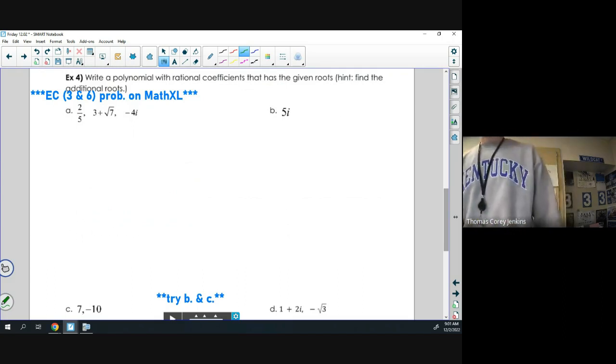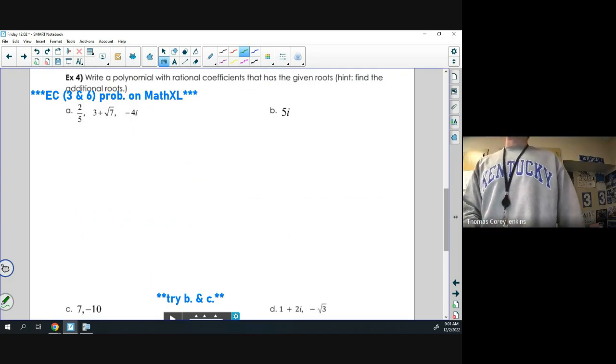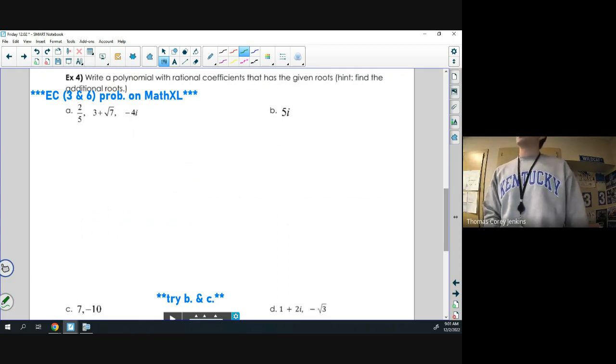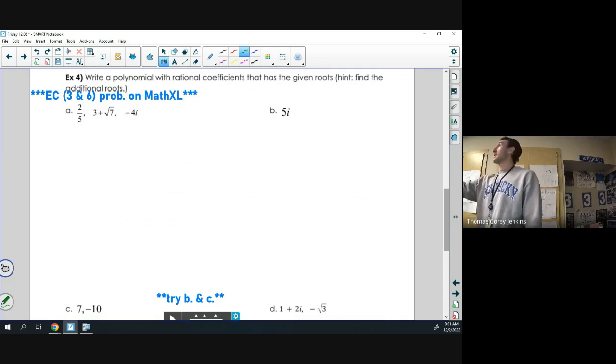All right. So example 4, write a polynomial with rational coefficients that has the given roots. And this is how they're going to show up on a test, right? Let's skip A for now and come back to that and look at B. It's just going to say your polynomial has the root 5i.